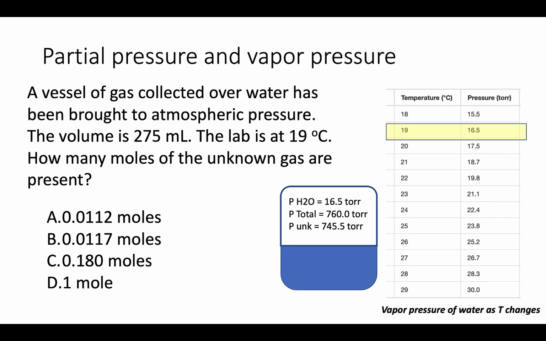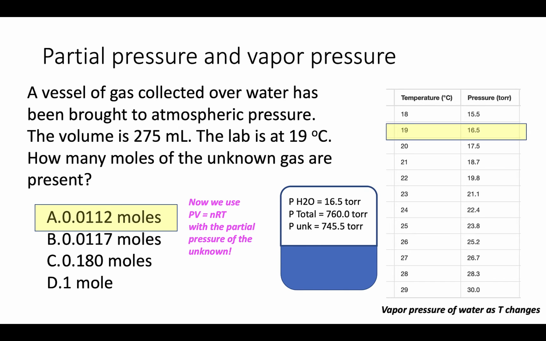That is our atmospheric pressure. That is the total pressure within this flask. And so we can now just use PV equals nRT with the partial pressure of the unknown, and we'll obtain that it's 0.0112 moles.